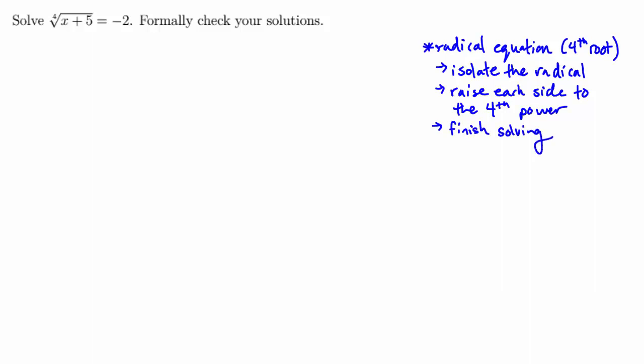So let's get started. We'll take this original equation, the fourth root of the quantity x plus 5, and that's set equal to -2. So we're going to raise each side of this equation to the fourth power.